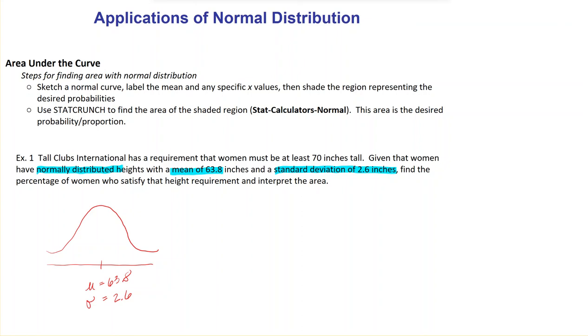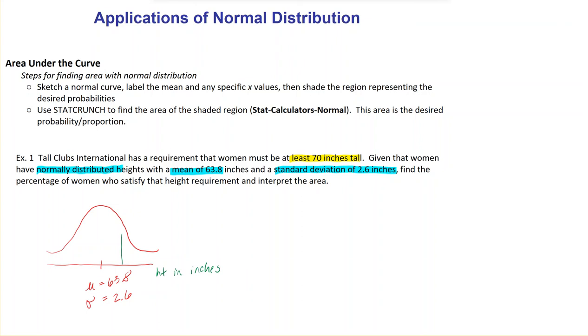Then the last part of that second sentence is telling me what I want to look for. Find the percentage of women who satisfy the height requirement. So the height requirement is that you must be 70 inches or taller. You must be at least 70 inches. So here, 70 inches, and remember that this horizontal axis here is the height in inches.